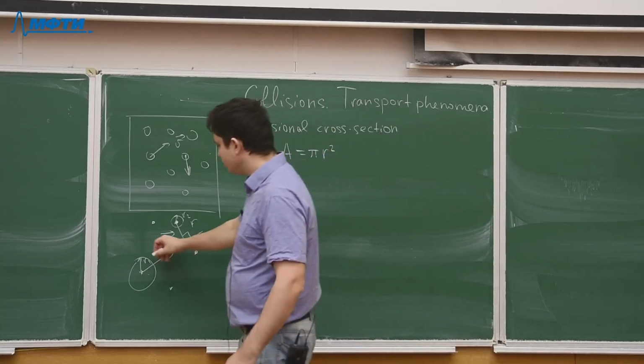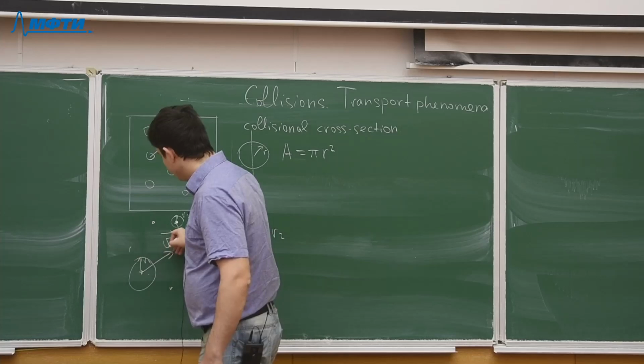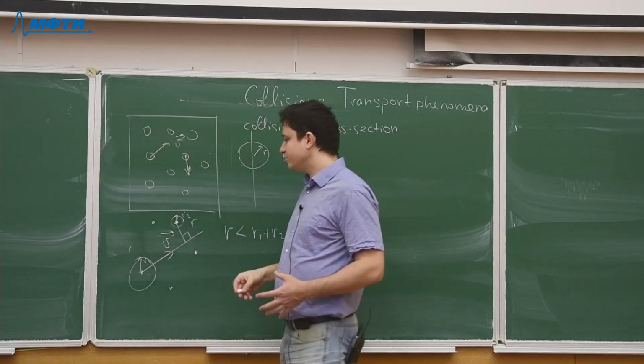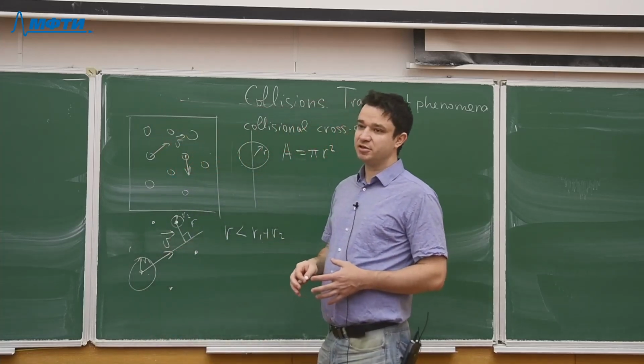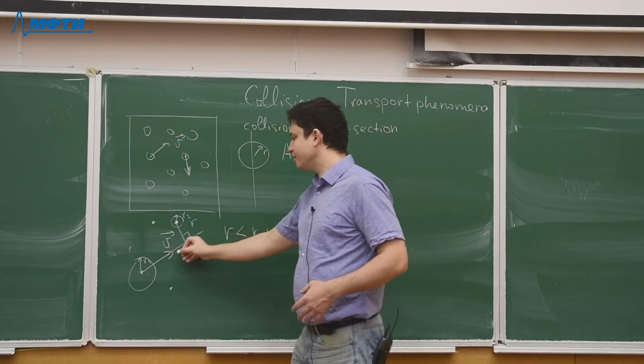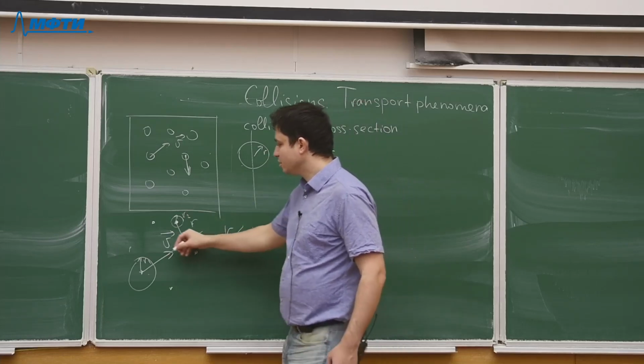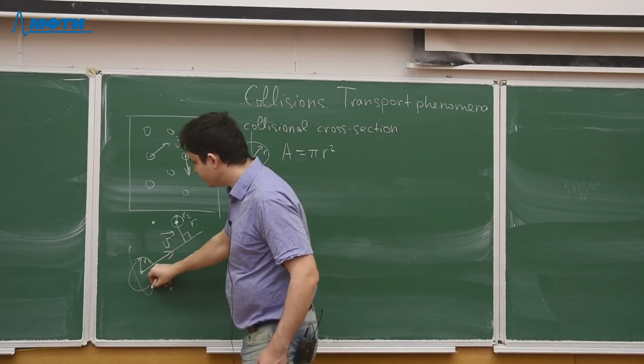So the set of points in space which are located to a given direction at a distance which is less than some other distance is given by this infinite cylinder.